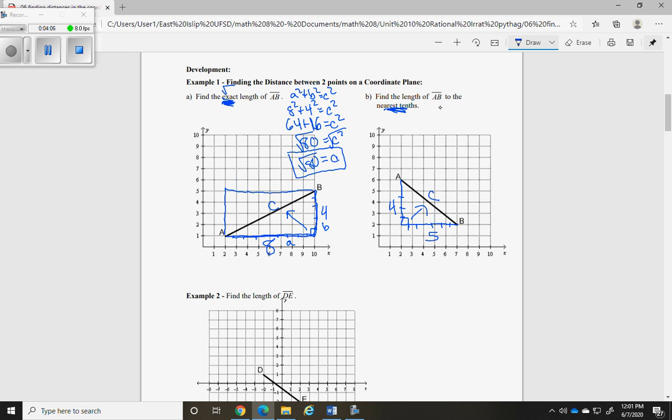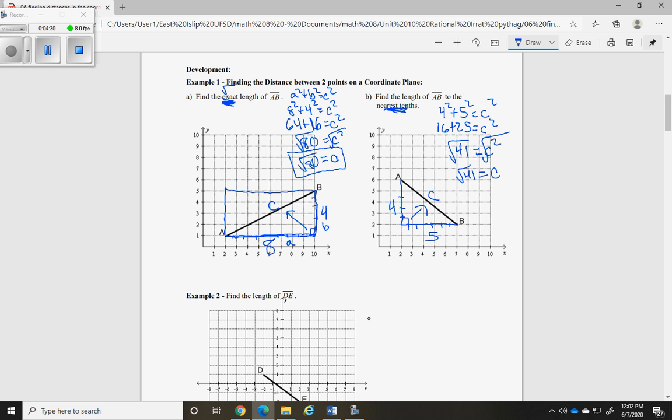So I could do 4 squared plus 5 squared equals C squared. 16 plus 25 is C squared. So 41 is what C squared is. Square root both sides. C is equal to the square root of 41.